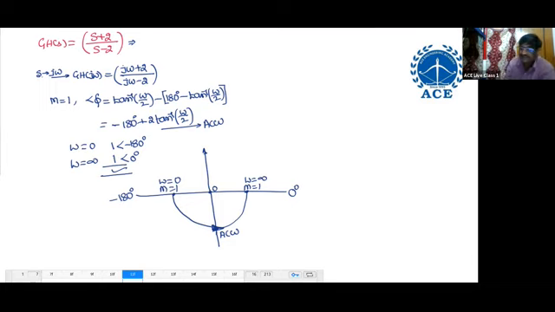Next, we'll do the exponential term. Next one: e power minus s by s into (s plus 1).